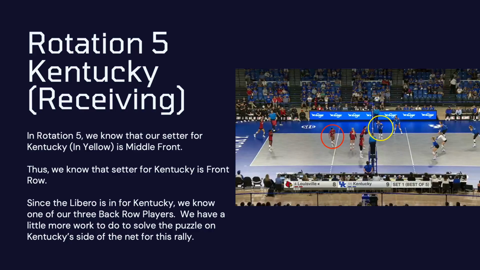We know in rotation 5, our setter for Kentucky is the middle front, circled in yellow. We know our libero obviously has to be a back row player. So again, without the knowledge of opposites and alignments, we need to do a little bit more work to solve the puzzle on Kentucky's side of the net of identifying our back row players.